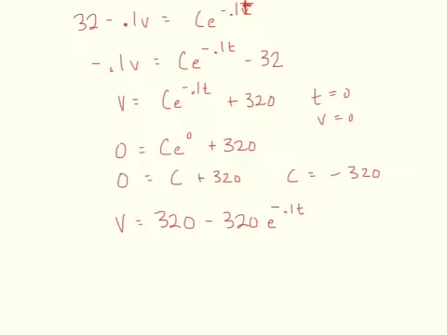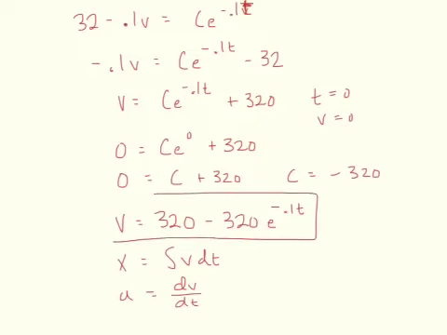Now, from there, if we wanted to, we can find x, because remember x equals the integral of v dt. And we're not going to go through that solution here, but it's definitely something you can do. You can also find a, because remember a equals the derivative of velocity with respect to time. So by taking this equation we have right here and finding the integral, we can get position as a function of time.